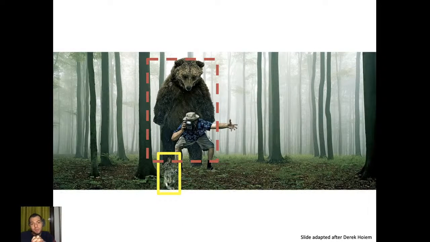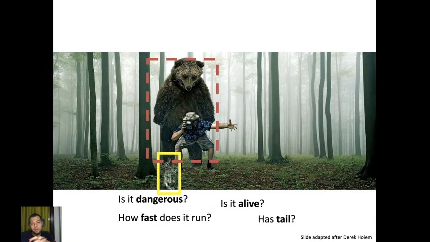So naming the object classes is related to object classification, and also to detection. To properly recognize the objects, we also have to tell the location of objects in images. We can distinguish the objects based on various features. For example, all the objects can be represented in a space where we have features that correspond to questions such as, is it dangerous, is it alive, has tail, and so on.